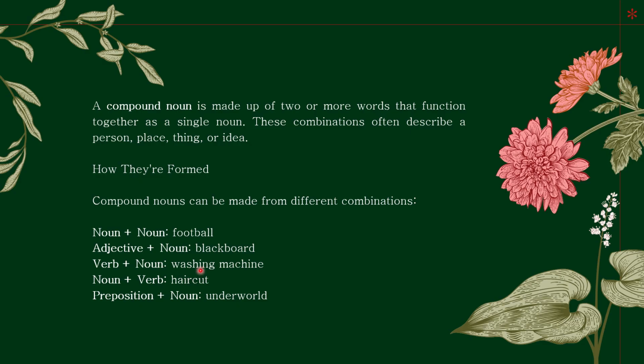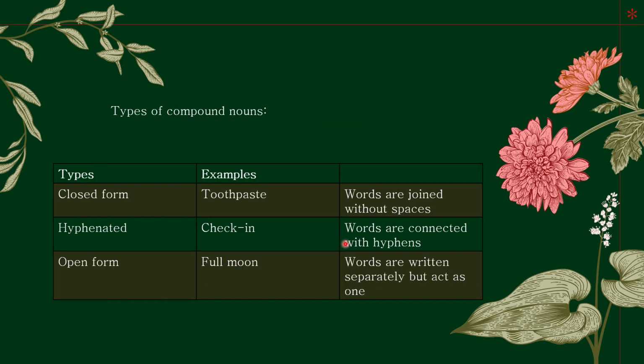So washing is a verb, machine is a noun. So it becomes washing machine. Then you have noun plus verb. So that is hair plus cut. Then preposition plus noun. So under is preposition, world is noun. So it becomes underworld.